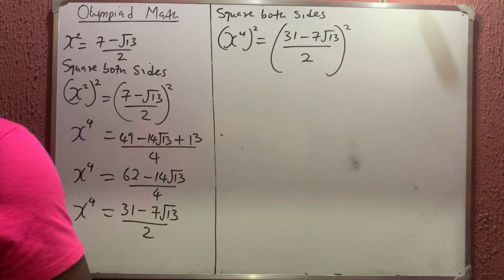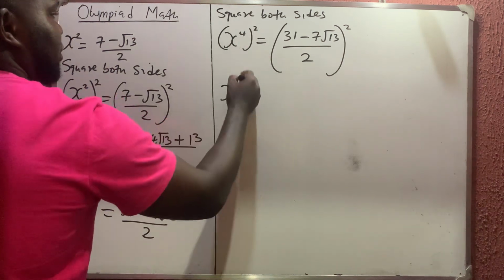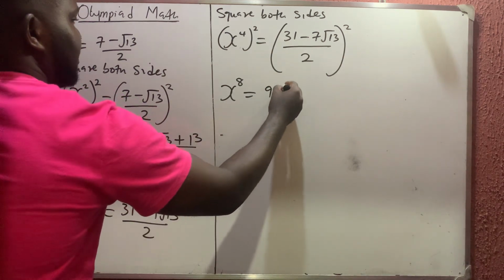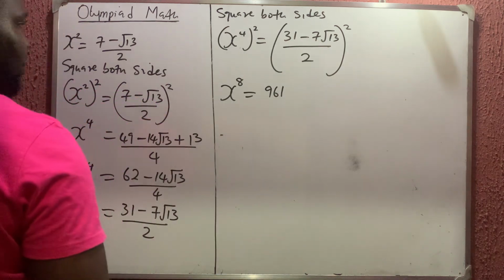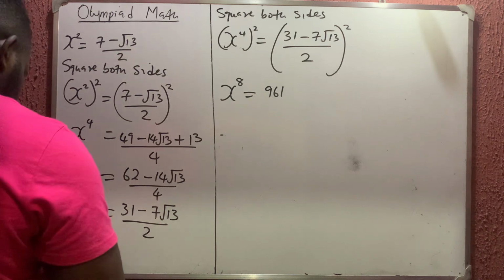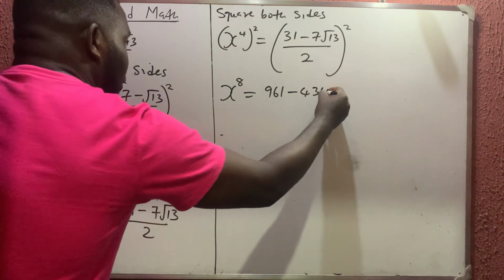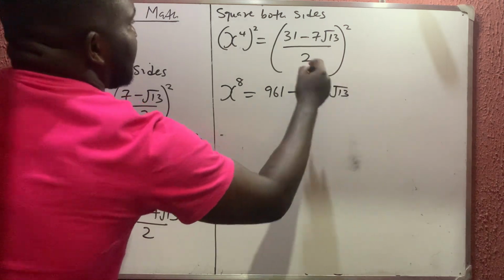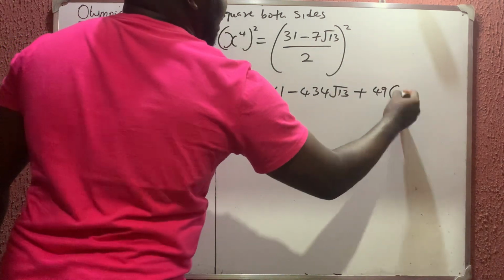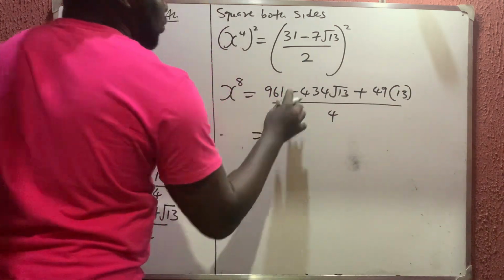So x raised to the power 8 is equal to, 31 squared gives you 961. 31 times 7 gives you 217, doubled is minus 434 root 13. Then squaring the last one gives plus 49 times 13, all over 4.